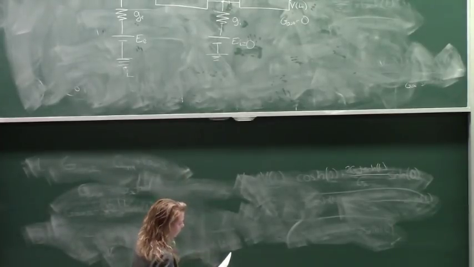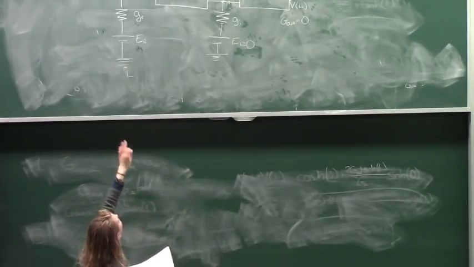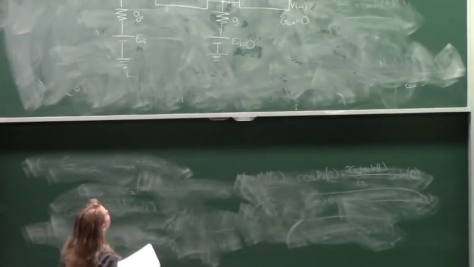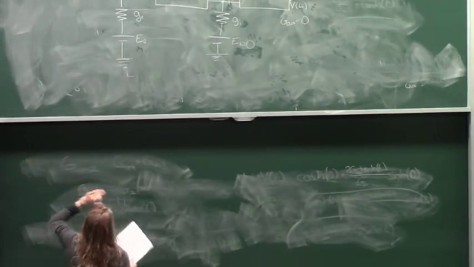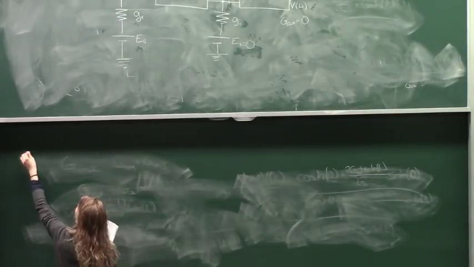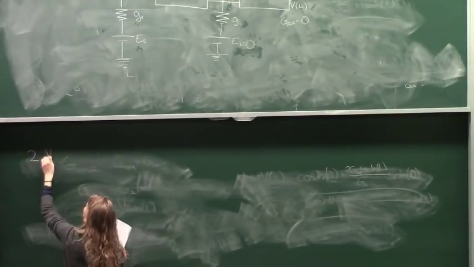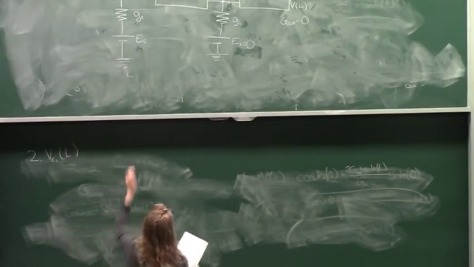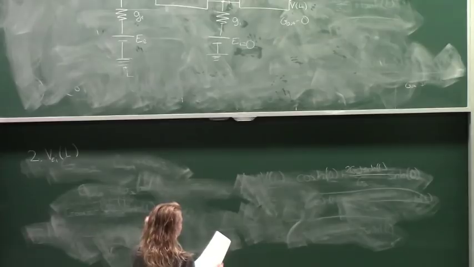So the next step is to look at when both the excitatory conductance and the inhibitory conductance are non-zero. That's when you have both the excitatory and the inhibitory input, and we want to find VEI at L. So now we're back to looking at this diagram.